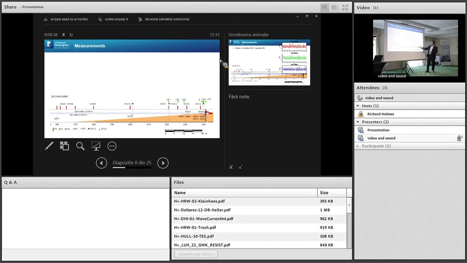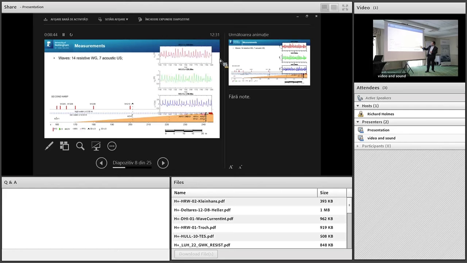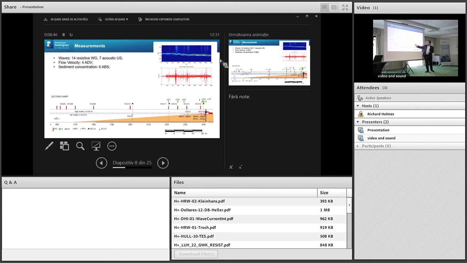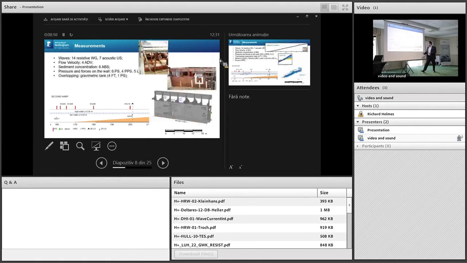So we had ultrasonic sensors, the 2D laser scanner in proximity of the wall, and the 3D laser scanner that was used only in dry conditions, moved along the Flume. Three acoustic backscattering sensors looked at sediment transport, ADVs, and pressure sensors buried in the sand and on the wall to measure the pressure.